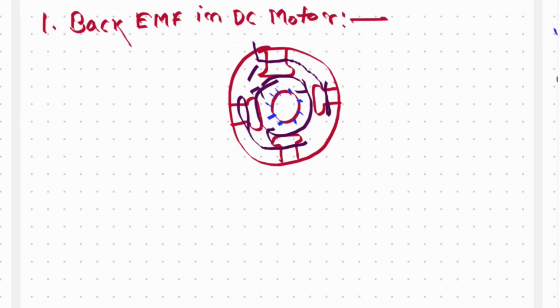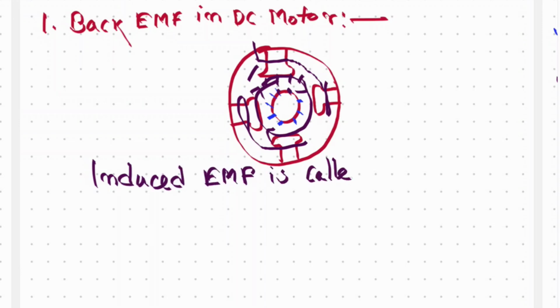Now when the armature conductor cuts this magnetic field, according to Faraday's laws of electromagnetic induction, an EMF is induced in the armature, and that induced EMF is called back EMF. So why is it called back EMF?